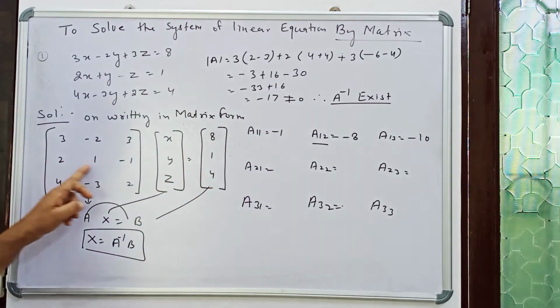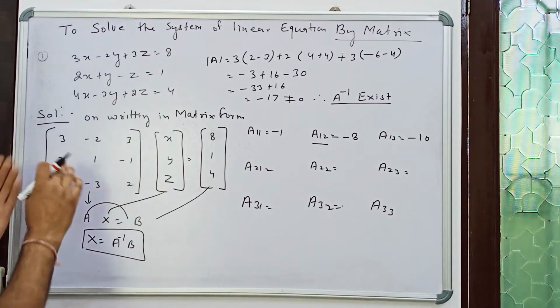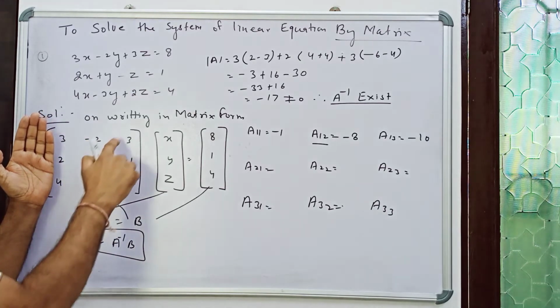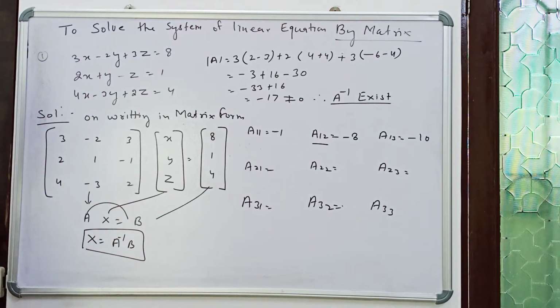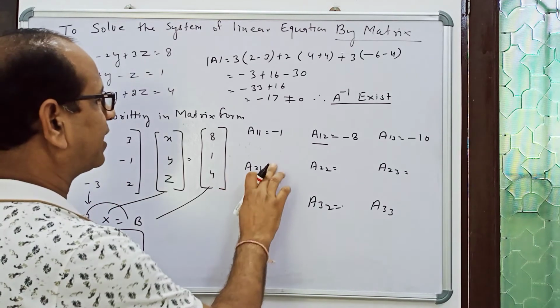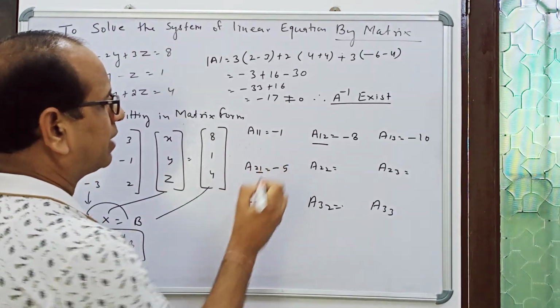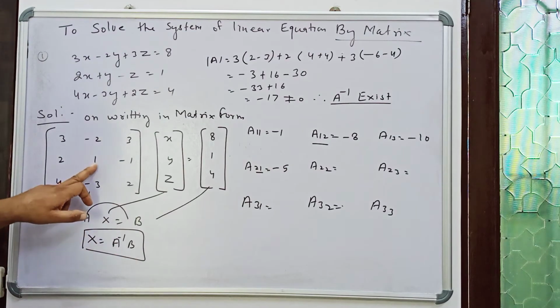Now we are coming to the second row. Second row means I am talking about this element, then we will hide it. So it is minus 4 and plus 9. This is minus 4 plus 9. So it will be 5, but because of this sign, that is because of this odd sum, it will be minus 5.